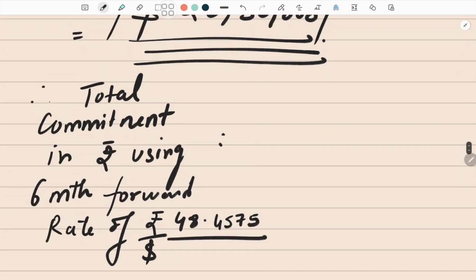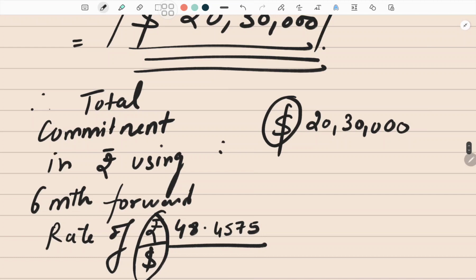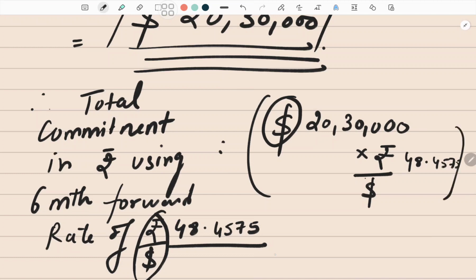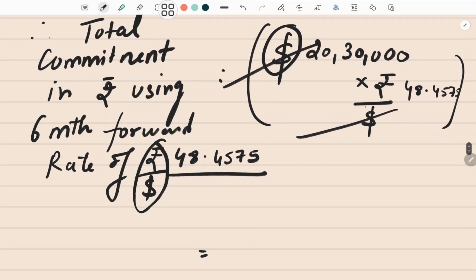So therefore I have dollar 20 lakh 30,000, and what I have is a direct dollar quote. The exposure is also dollar, so multiply or divide, I have to multiply. So this is multiplied by rupee by dollar 48.4575. When I multiply it, the dollar cancels out, and I am left with the equivalent rupee, which is how much you need to calculate.